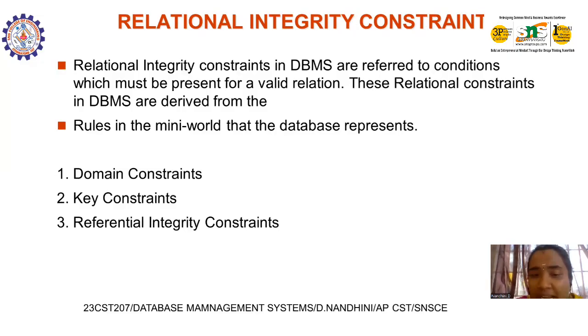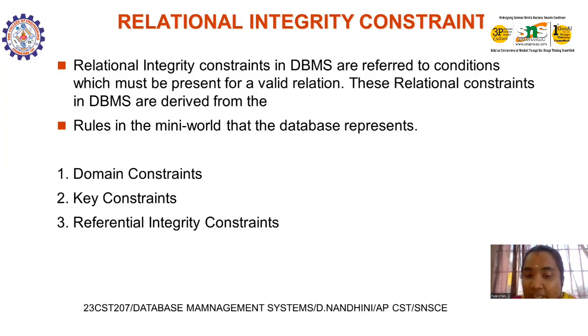For example, the entity integrity constraint ensures that the primary key of a table cannot be null and must be uniquely identified. This is known as the entity integrity constraint. Next is the null constraint, which controls whether an attribute can accept a null value or not. For example, a column like email may or may not allow a null value. If email cannot have a null value, this is a not-null constraint.